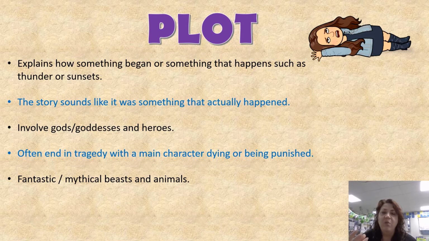You had that lovely part where the Minotaur was killed, all the Athenians were safe, but then you had poor old King Aegeus throwing himself into the water because he thought Theseus was dead, and of course you had Ariadne being left on the island by Theseus, who didn't really care much about her in some of the versions. So you do often have tragedy at the end of myth. They're not happy endings quite often. Sometimes, as I say, you have a main character dying.